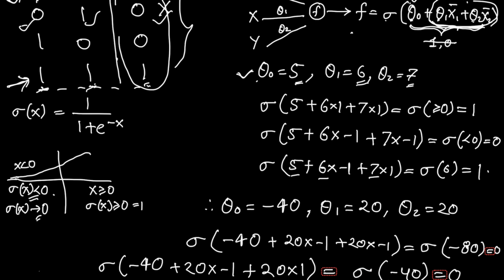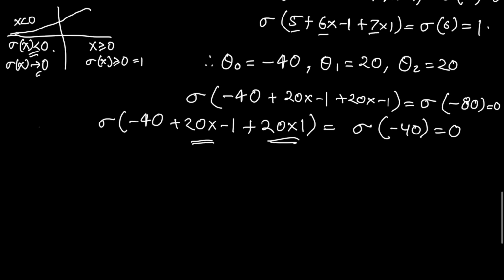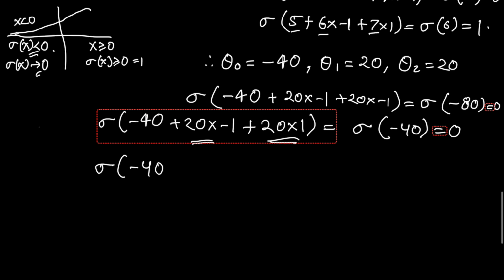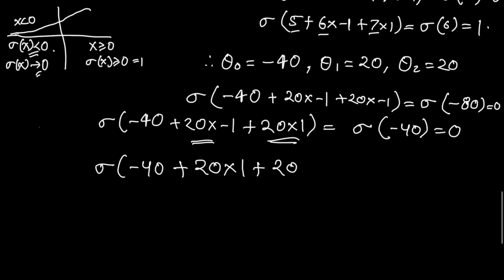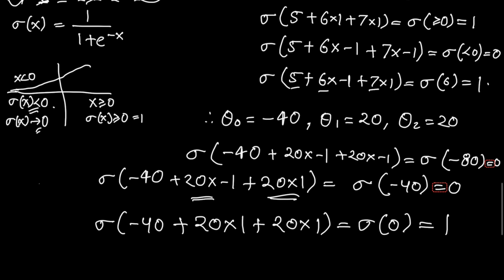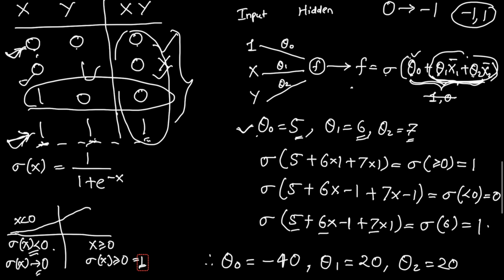And similarly you will also get this one, because here only this value would become negative and this would become positive. Let's try for the last. So it would be sigma negative 40 plus 20 into 1 plus 20 into 1, and this is sigma of 0, which is again 1, because I told you here if x is greater than or equal to 0 we get 1 or close to 1. So that means this weight combination actually behaves as AND.